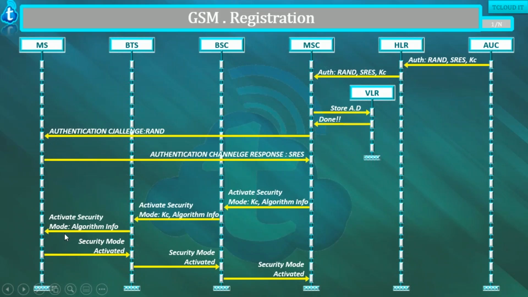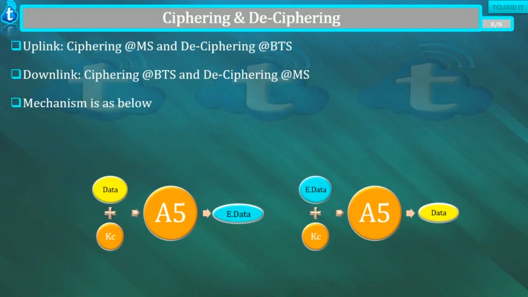But when MSC asked it to activate the security mode, that has been accepted. From the moment it has been accepted, every piece of information that we send is going to be encrypted in the uplink direction at the mobile. Uplink means mobile to the network. So mobile encrypts the data in the uplink direction, and it is going to be decrypted, deciphered, at the BTS.